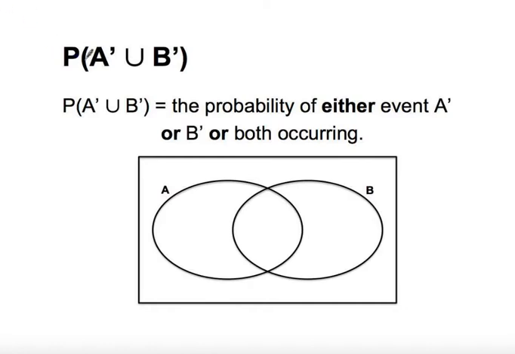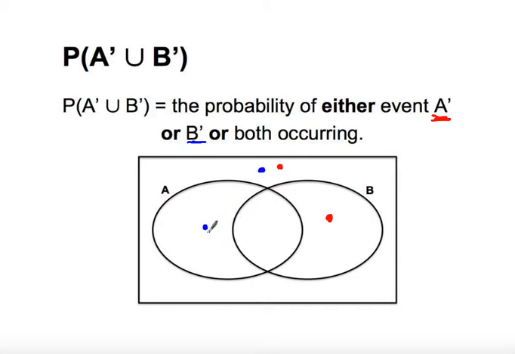So it's the probability of either A complement happening on its own, or B complement happening on its own, or both occurring. Starting off with, let's go for red for A complement. A complement would be the two regions again outside of A. B complement, using blue to represent that, would be our two regions outside of B.